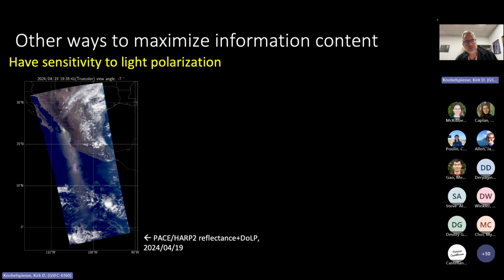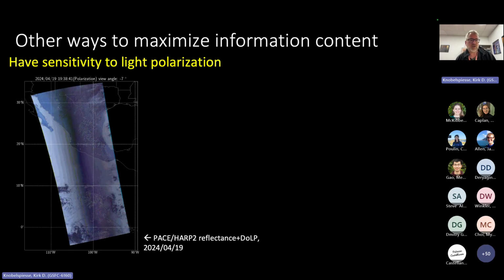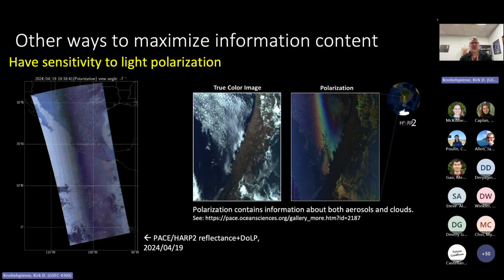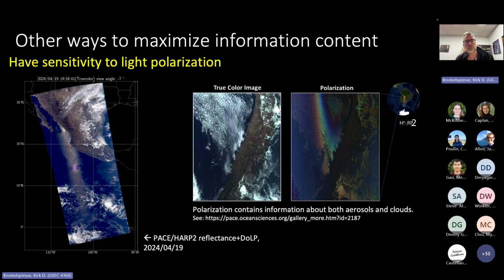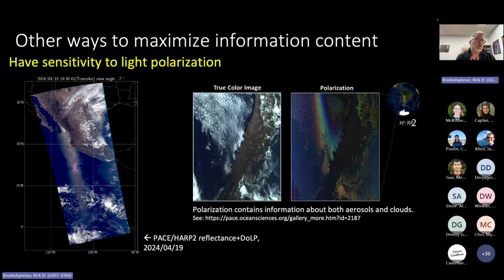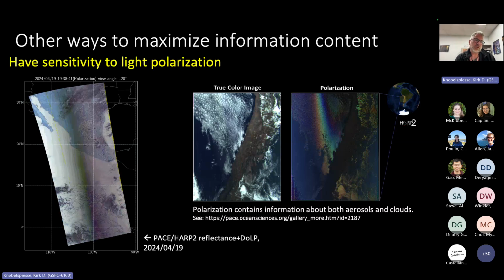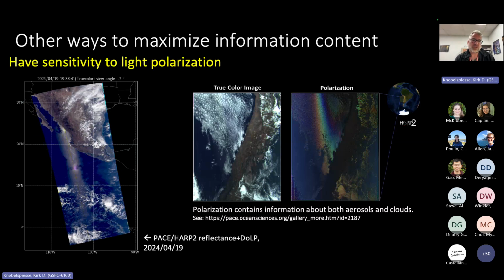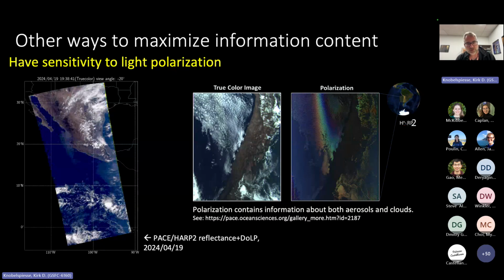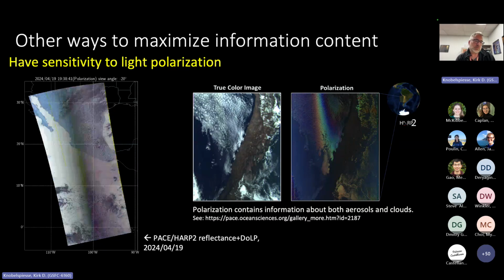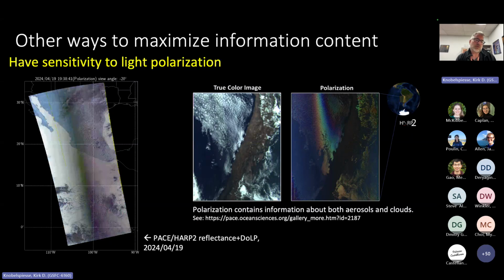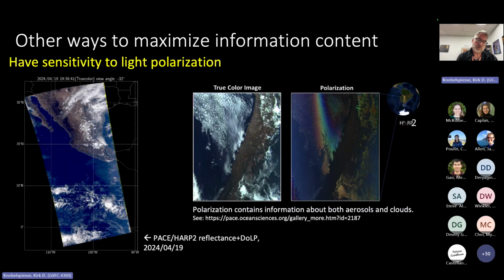If you look at the acronym for HARP in particular, it's a hyperangle rainbow polarimeter. So there is a particular feature of cloud droplets that we're making use of as well. If one were to look at the Earth from space with polarization sensitive eyes, you would see rainbows everywhere. And that's because liquid cloud droplets create a cloud bow, not a rainbow.